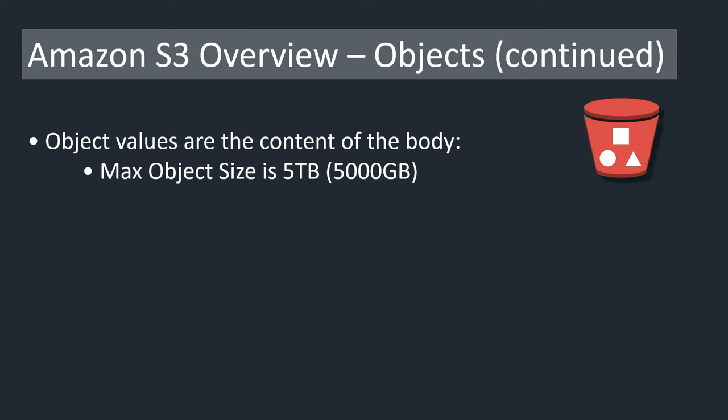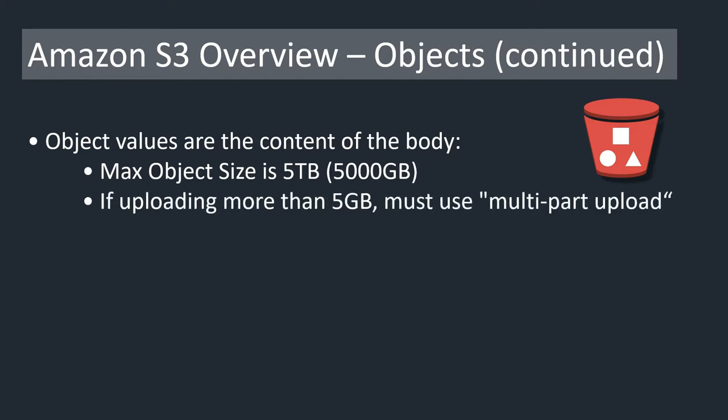So if you want to upload a big object of 5 terabytes, you must divide that object into parts of less than 5 gigabytes and upload these parts independently in what's called a multi-part upload.